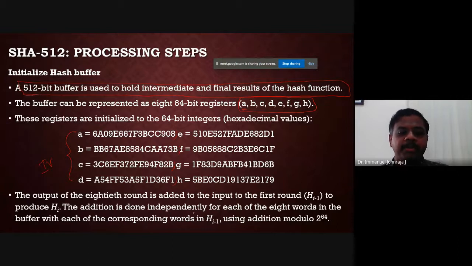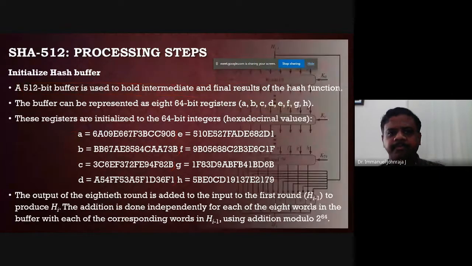The addition is done independently, and finally the final one will be your hash value in the buffer. So it has a buffer of 8 registers. Each register is 64 bits in size, and they are initialized with some standard fixed values, and these values continuously change till the nth block of your input message is processed.